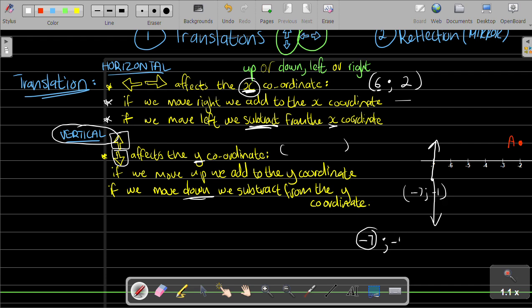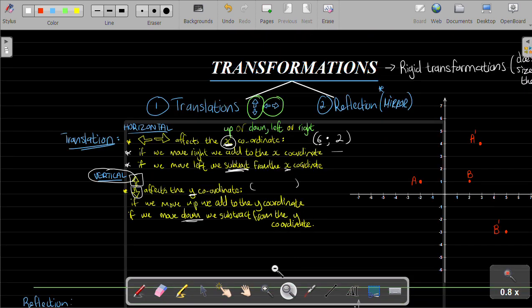And we would say -1, and we would subtract 2 units from the -1, and essentially it would give us a new coordinate of -3. Because if we go 1, 2, this new coordinate here would be -7 and -3. Okay, again, I hope that makes sense. I'm going to move on, and we are going to go straight into examples. Okay, let's have a look.